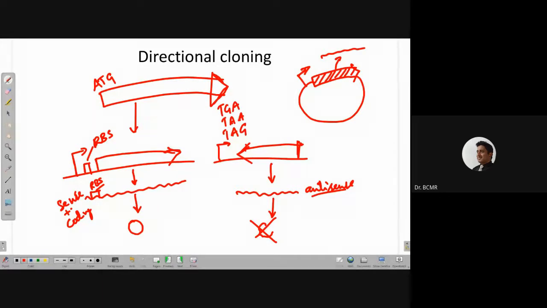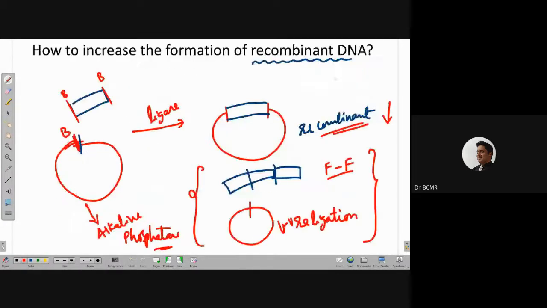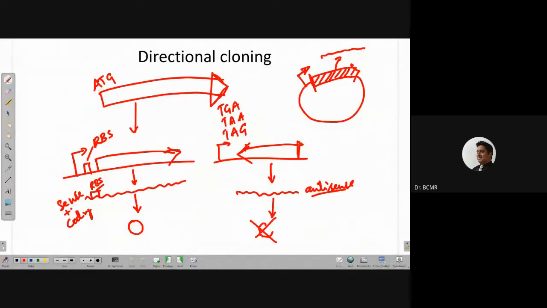To do that, we try to employ different restriction sites. Unlike in the first case, where we said BamHI site, BamHI site, and also in the vector BamHI site, in directional cloning, typically we use two different restriction sites, okay? And for that, we may use BamHI and EcoRI, SalI, KpnI, any of those, depending on what is available.